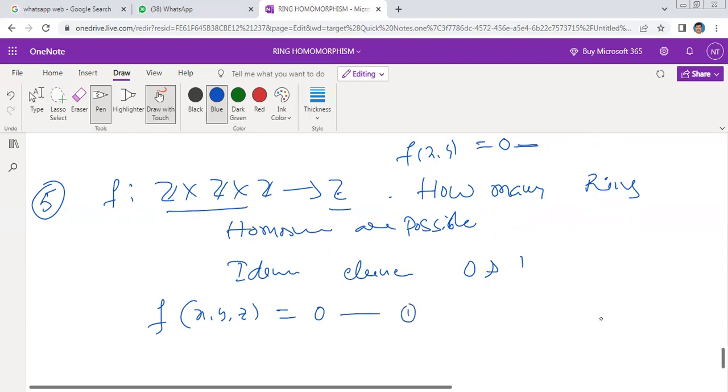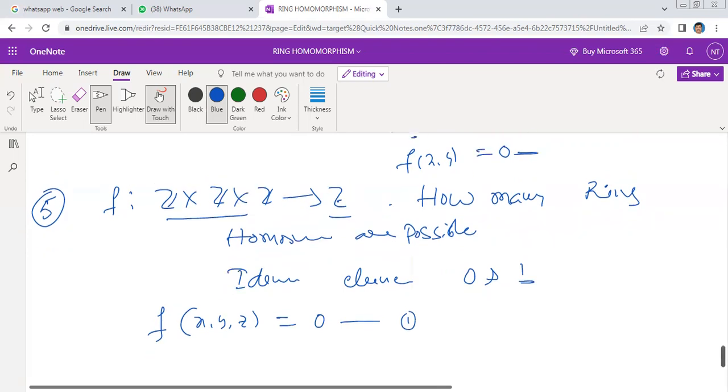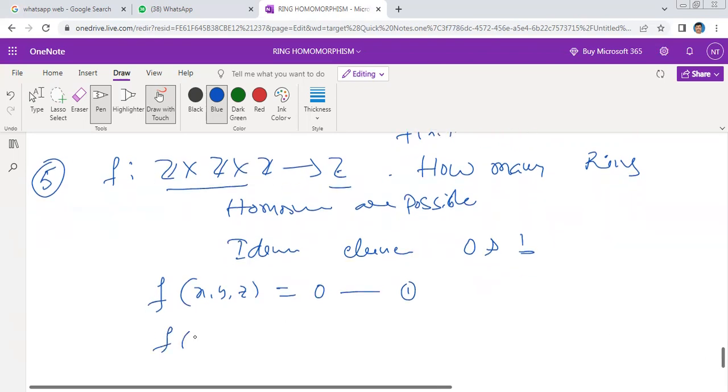Another one is what? Now I am taking 1. f of x, y, z is equal to 1x. Right? f of x, y, z is equal to 1y. f of x, y, z is equal to 1z.